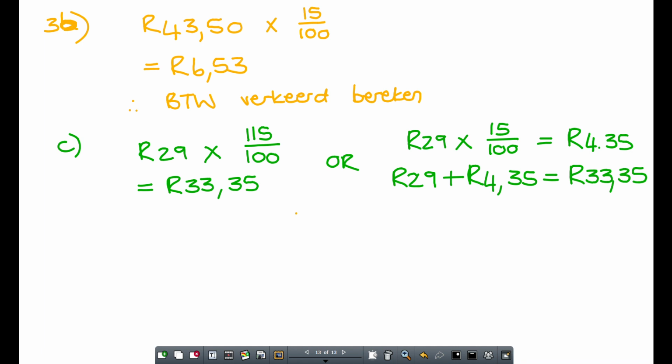Goed, nou nommer 4. Number 4A. 4 says, study the invoice and answer the following. So as jy nou gaan kyk na die tax invoice wat vir jou gegee is, nee? Hulle sê vir jou, daar was self-raising, daar's buttermilk, cocktail tomatoes, cauliflower, potato salad, Coke Light, milk full cream, en dan, elkeen se prys is gegee.